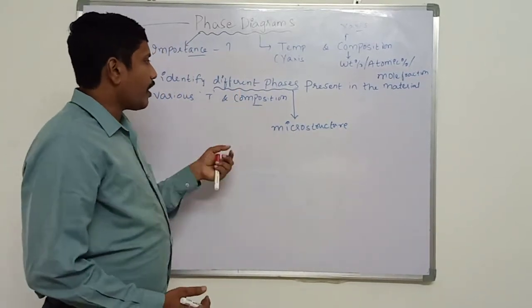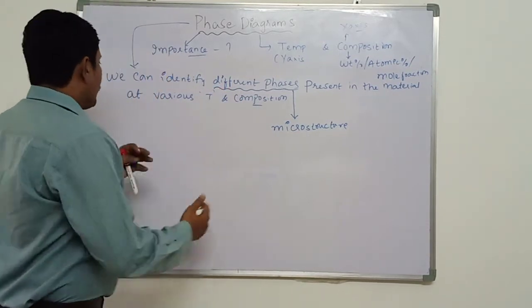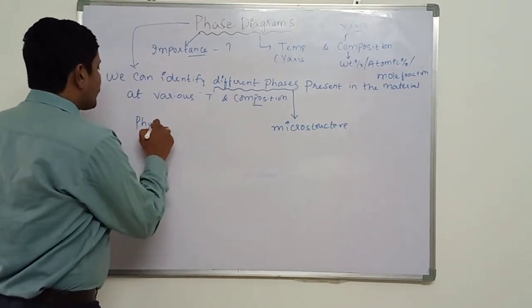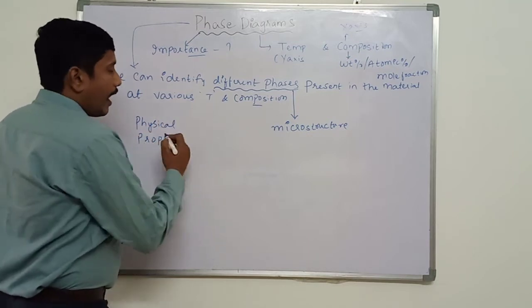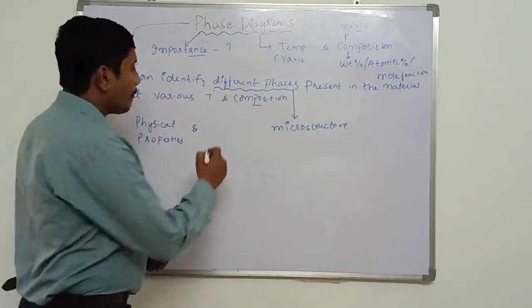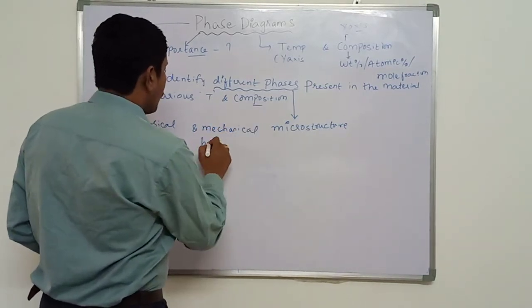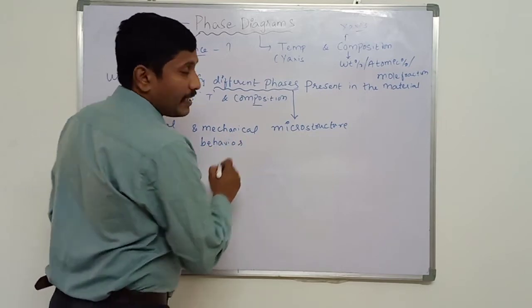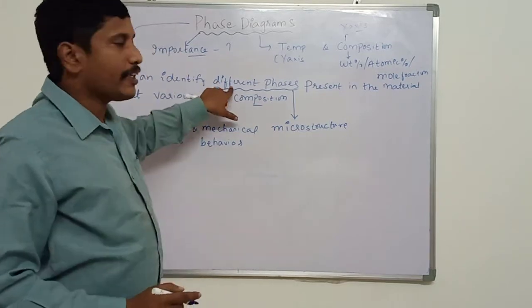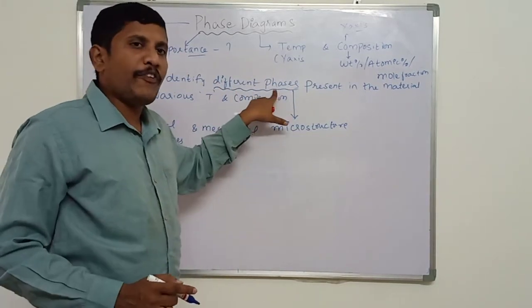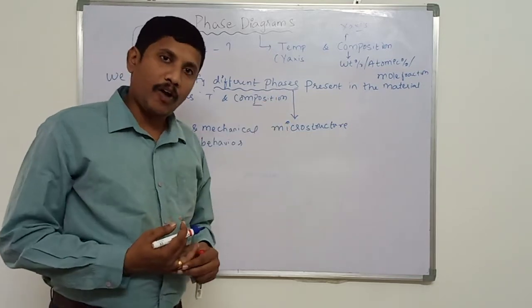So with the help of identification of different phases, we can find out physical properties of the material, and we can identify the mechanical behavior of the material. It means we can find out the mechanical properties of the material once we identify what are the different phases present in an alloy.